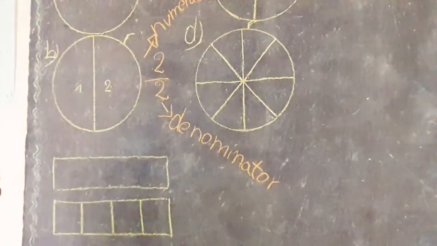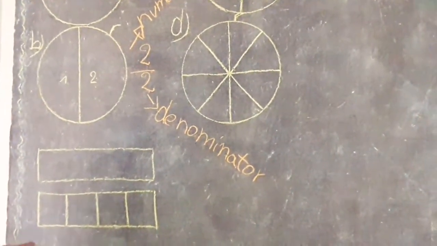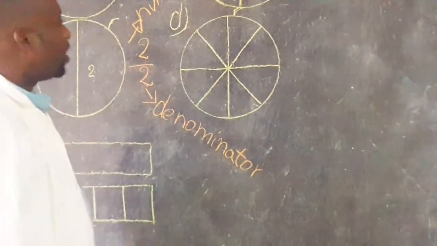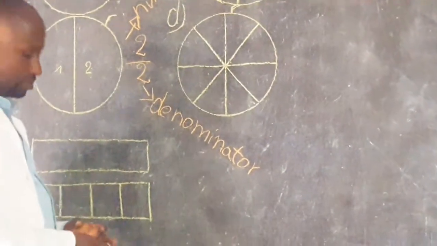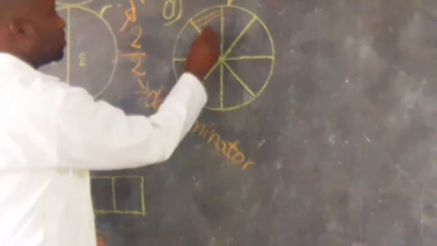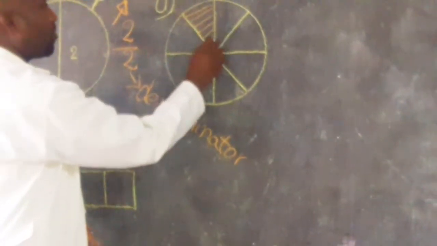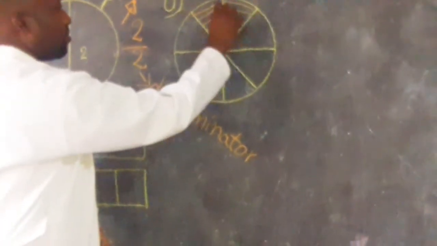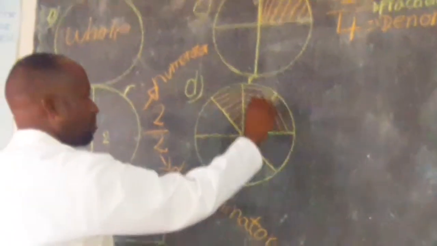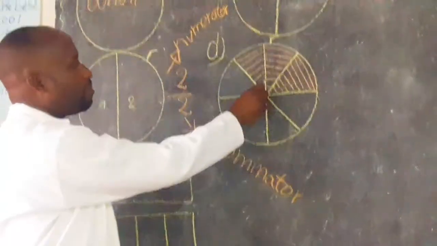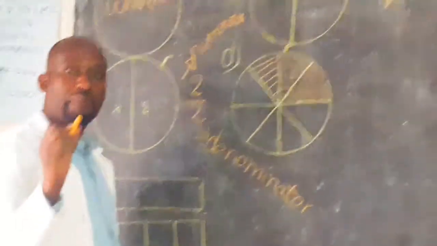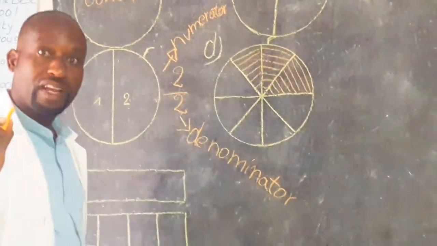I continue again. In our potato here, you can tell me, when I take 3 parts like this. I take 3 parts, but first you have to know how many parts are available here.